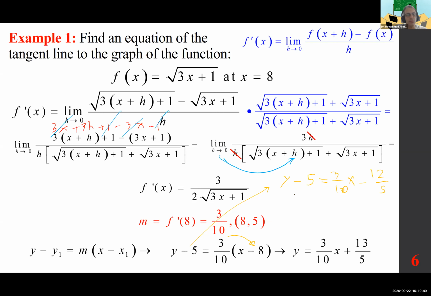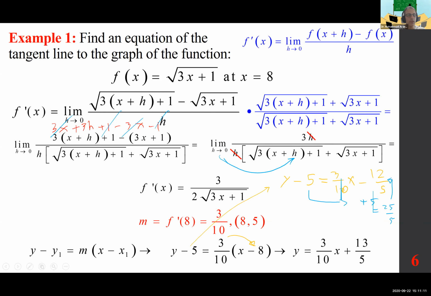We are going to move negative 5, which becomes positive 5, which is 25 over 5. And when you add it up with negative 12 over 5, it gives you positive 13 over 5.